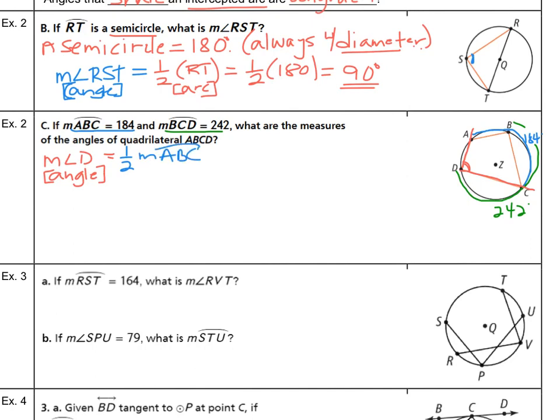Put that arc symbol up above, like a little curve, and then write arc underneath it. Well, if ABC is 184, take half of 184. If you enter that in on your calculator, the measure of angle D should equal 92 degrees. One down, we have 3 more to go.